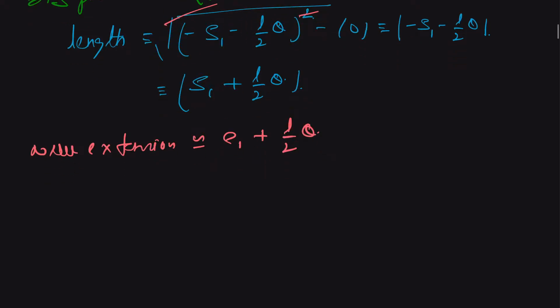Now we can easily find out the force. So we get our force on the rod, which is F1, suppose, will be equal to minus k E1 plus L by 2 times theta, and this is x unit vector.